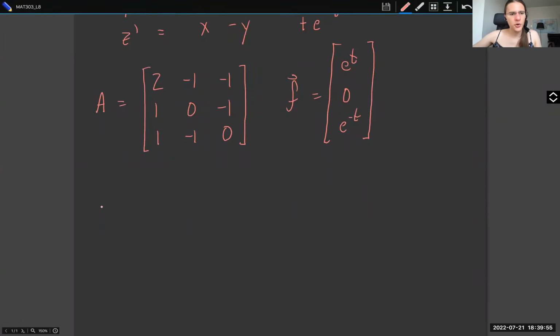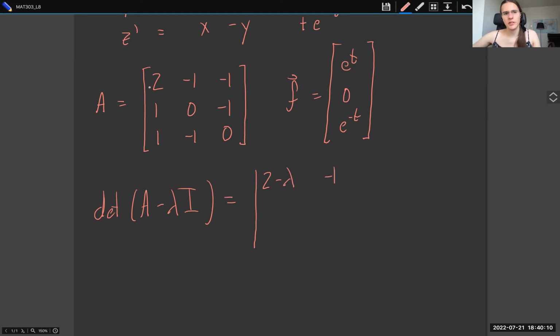Okay, so determinant of A minus lambda I, and we're going to use the cofactor expansion for this, because it's actually a bit nicer to write out. We could do the usual diagonal thing, but it's equivalent to the cofactor thing. And I'm doing the cofactor thing along, let's say, the first column.